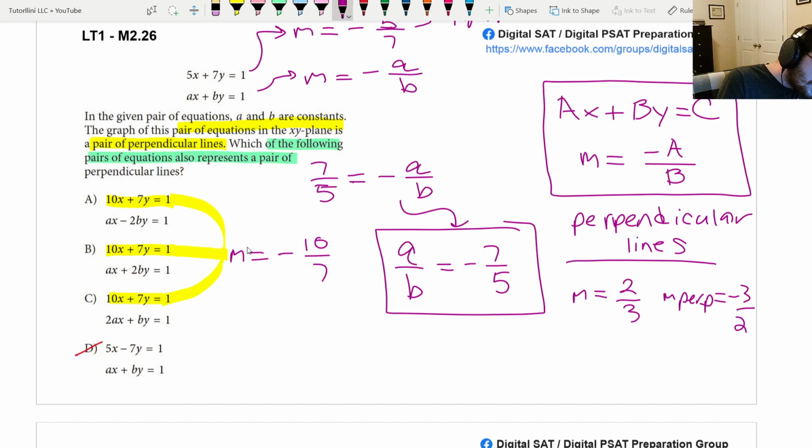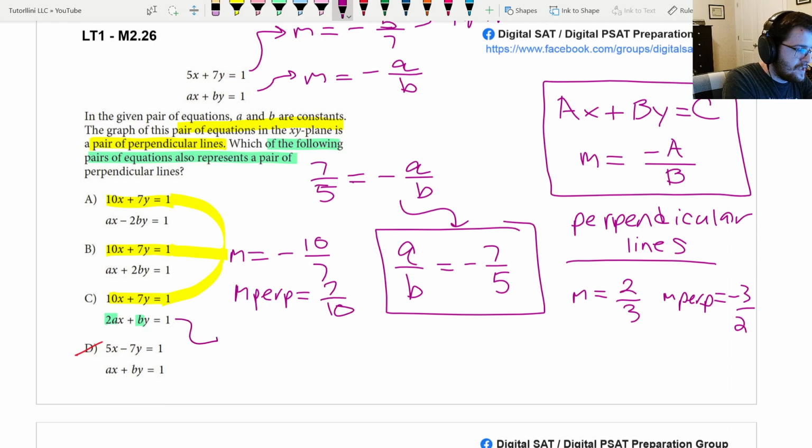So we're going to go through and we're going to see which one gives us that opposite reciprocal. So, okay, let's say here we have 2a/b. And again, the opposite reciprocal would be -10/7, so that would be 7/10.